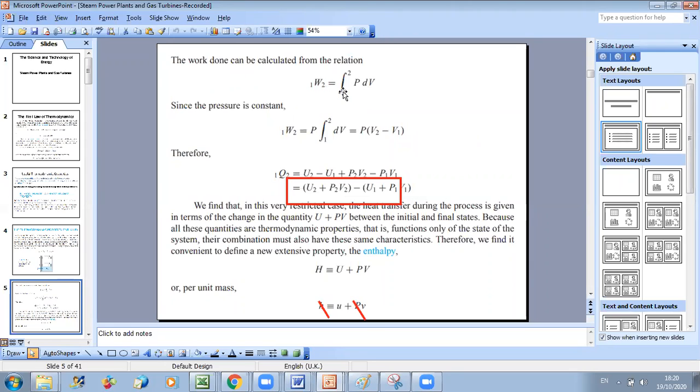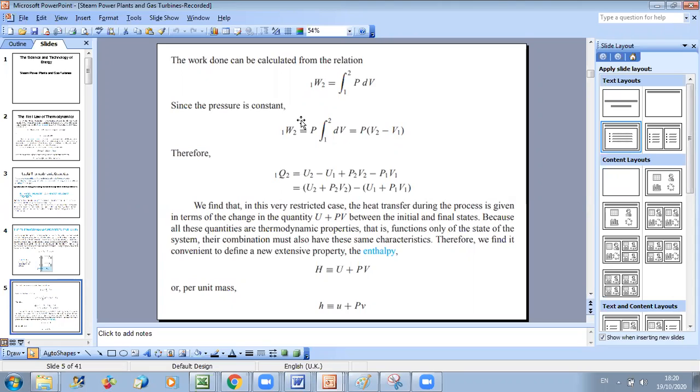But since they gave us the assumption that pressure is constant, because in the given they told us to assume constant pressure, the pressure term will get out of the integration, and we will get the work here. Can you tell me, will the work be done by the system, or are we putting it on the system? Which case is here?